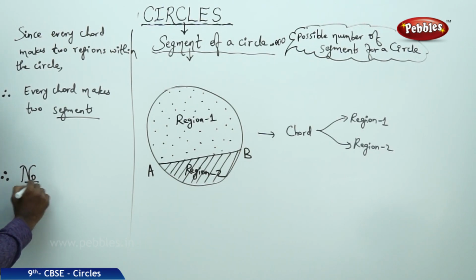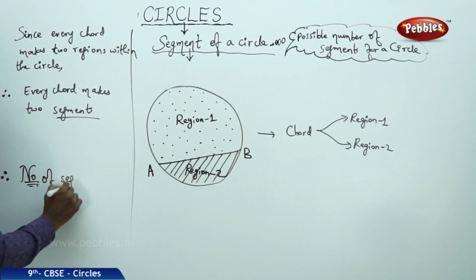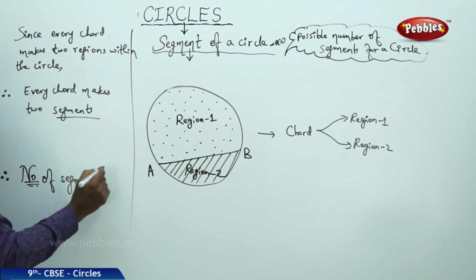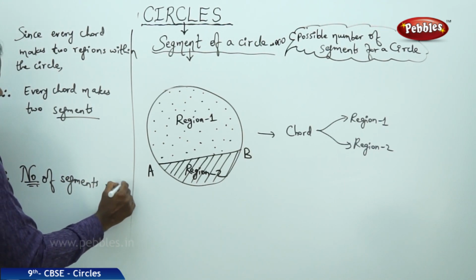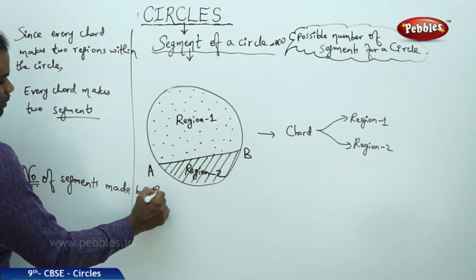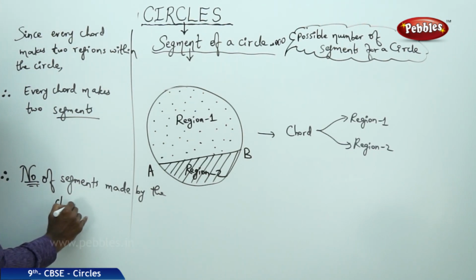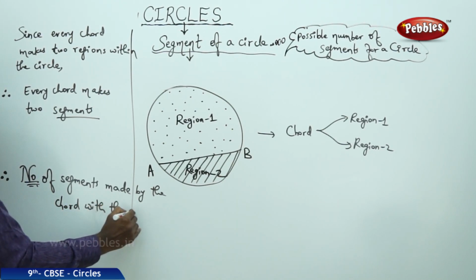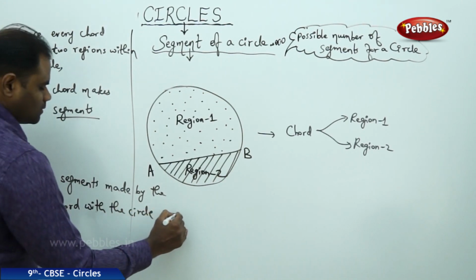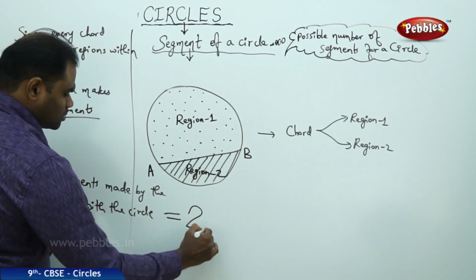Therefore, the number of segments made by the chord with the circle is equal to the number 2.